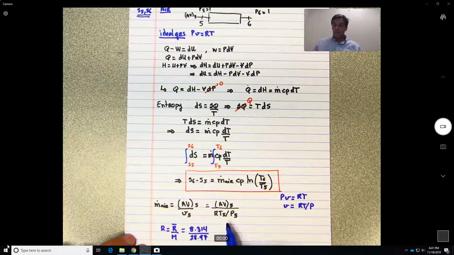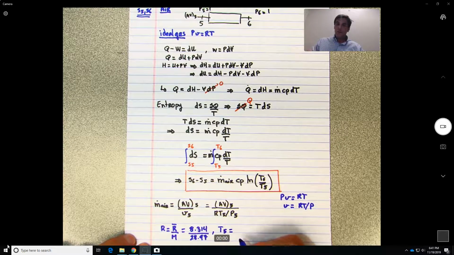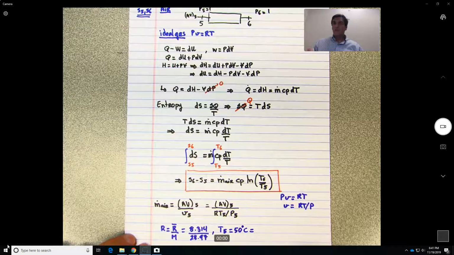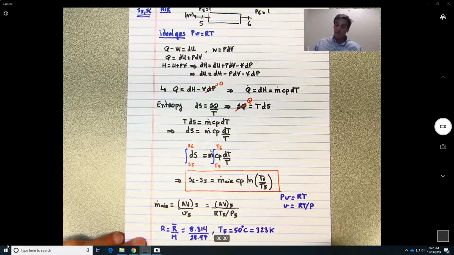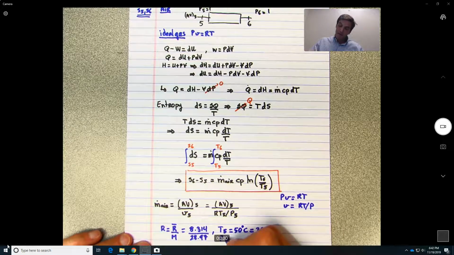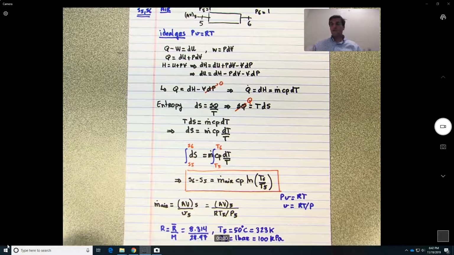Okay, then T5, we know that T5 is 50 degrees Celsius, but we need to transform that temperature into Kelvin, so that will be 323 Kelvin. And P5 is what? 1 bar, which is 100 kilopascals.